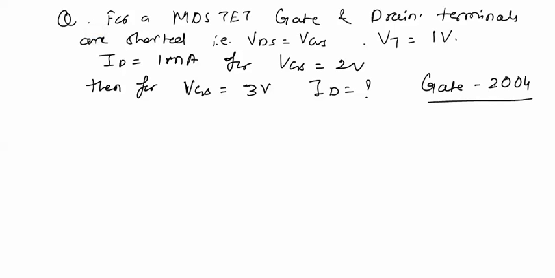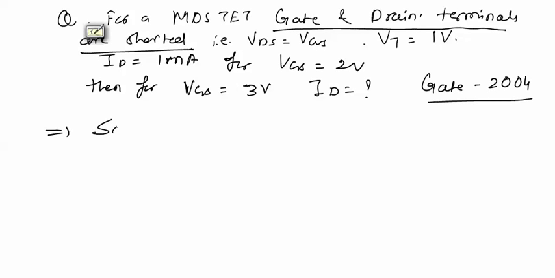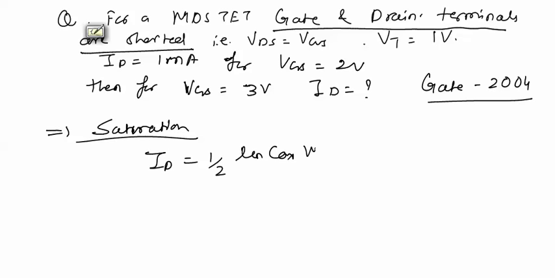In electronics engineering, we know that if gate and drain terminals are shorted, it will operate in saturation. If it is operating in saturation, drain current ID is equal to 1 by 2 into mu n into C oxide into W by L into VGS minus VT whole square.